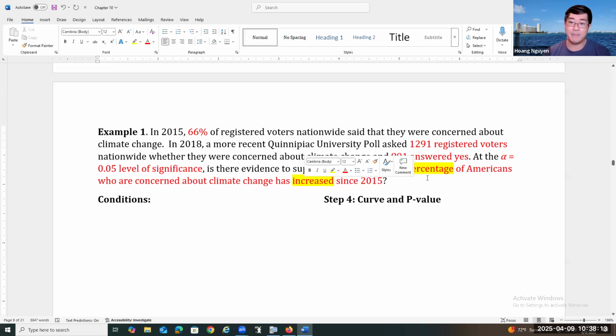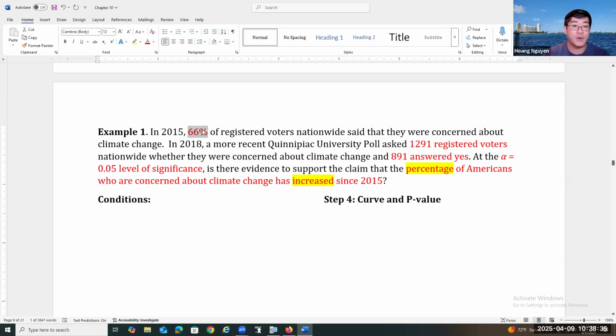So we want to test the claim that this percentage has increased. Originally, in 2015, we have 66%. Now, based on the new sample of 1,291, we want to determine if this percentage has increased.